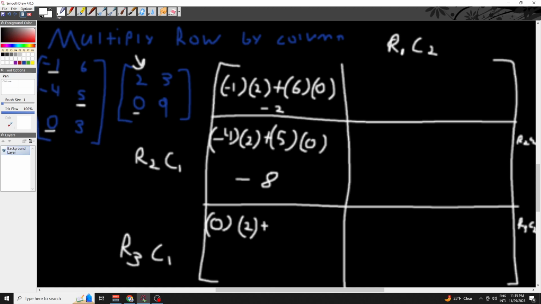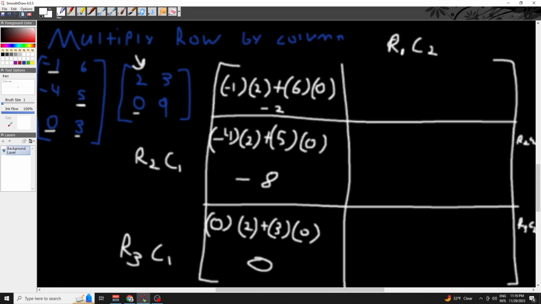Add that on to the second number of row 3, which is 3. So bracket it out, 3. And we're going to multiply that by the second number of column 1, which, fun fact of the day, is going to be 0, which leaves this entry at 0. And that's the right answer.